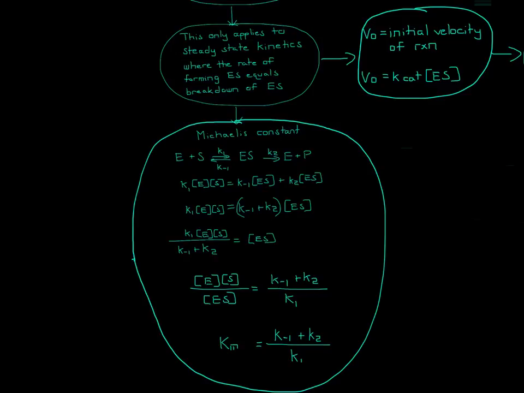We will multiply K minus 1 plus K2 on each side to get the top portion. Then we will divide each side by K1 to get the K1 down here. Finally, we will divide each side by ES, and so over here you'll get ES on the bottom. So that's 3 steps in one.